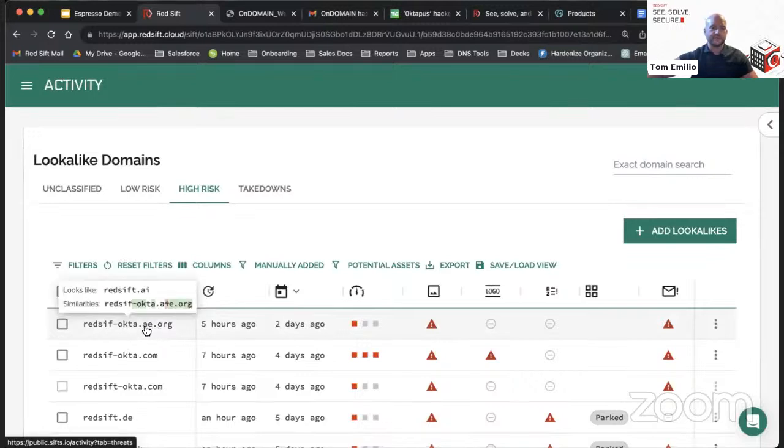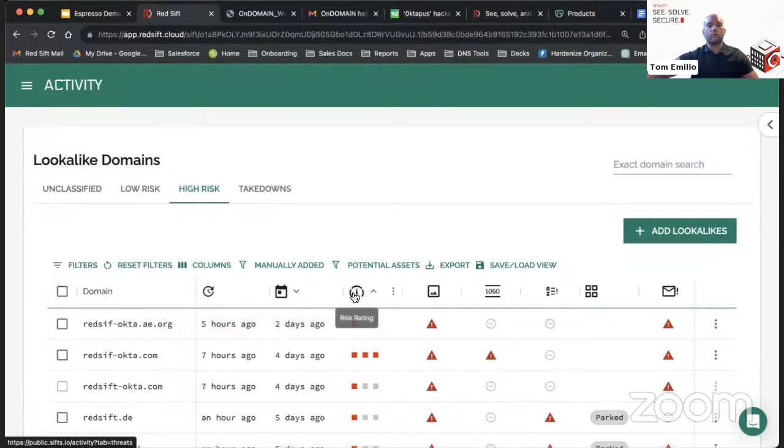But what's really interesting is this is the root domain. So ae.org is the root domain, and the Red Sift with the typo is a subdomain. Think about that. The bad actor has created a subdomain of a completely different root level domain, but look how close that is to the Red Sift domain itself.